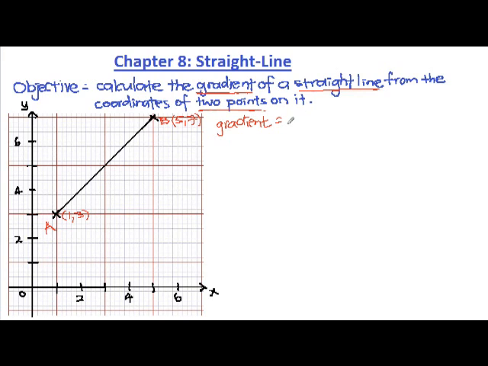Gradient refers to the steepness or the slope of the straight line. Gradient of a straight line is a constant, which means it doesn't change.